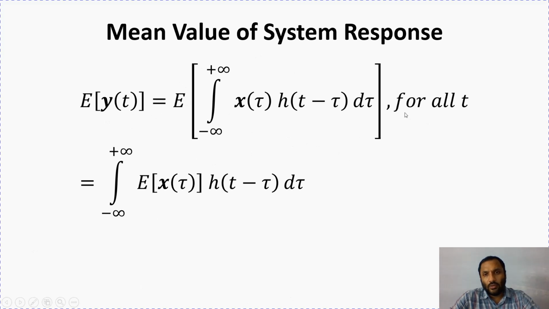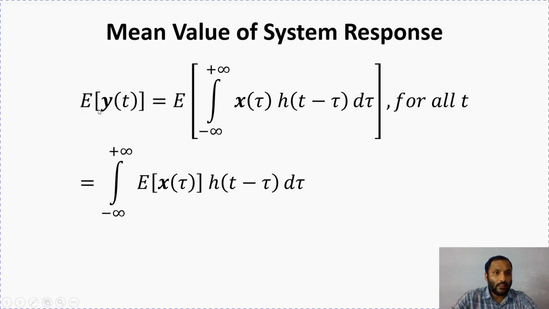Now, this is true for all values of t. Simply we are not taking just one value of t and calculating the mean here. Here we are calculating the mean of the mean, or the average random signal, for all the time points on the real axis.